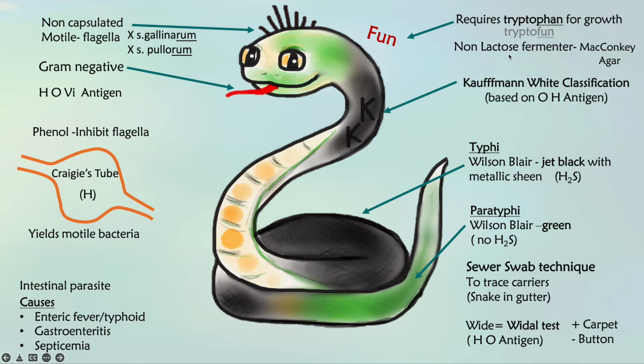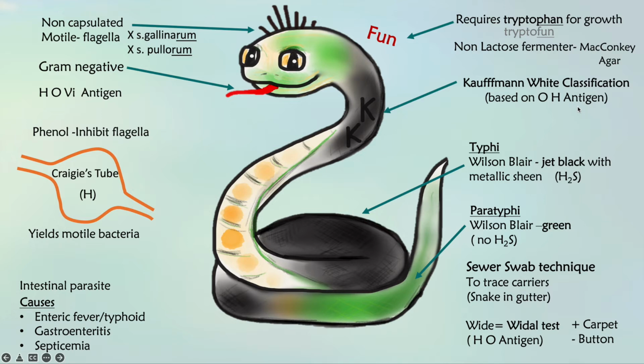He hates drinking milk because of the lactose present in it, as it is a non-lactose fermenter on MacConkey agar. So these 2 bold black K's represent the Kauffmann-White classification. Kauffmann-White is a scheme that is used to classify Salmonella species based on the O and H antigenic structure.